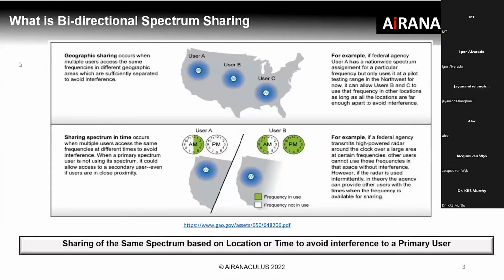Essentially, what it means is that you can do this based on geographies where you might have user A, B, and C at different locations using the same spectrum, or you might have the same location, but user A and user B share the spectrum at different times. For example, you might have 3.5 gigahertz where you're trying to share the spectrum with the radar. So the 5G and 4G and radar are trying to share the same spectrum.